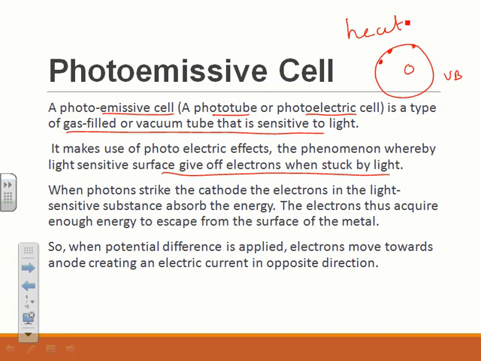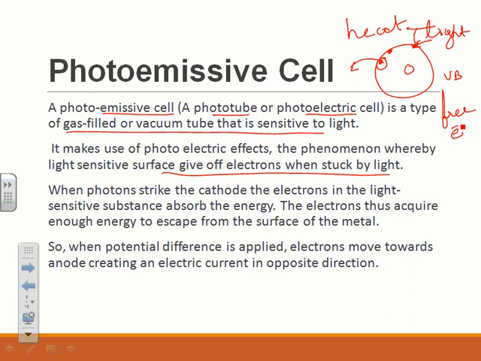By using heat energy or light energy, we can free these electrons from the outermost orbit of the atom. Here we use light energy. If you give enough light energy to these electrons, they acquire enough energy to escape from the valence band, and they become what we call free electrons.